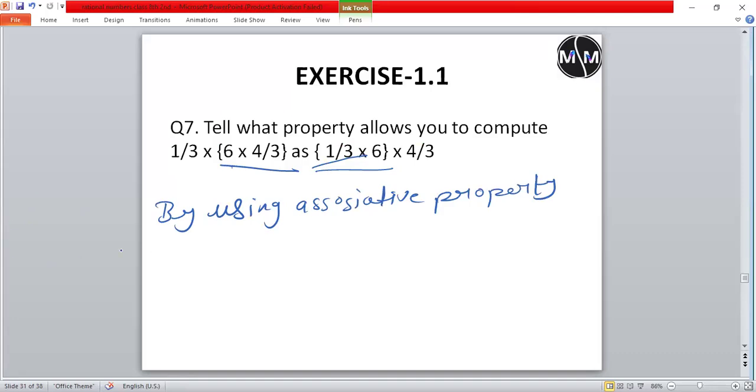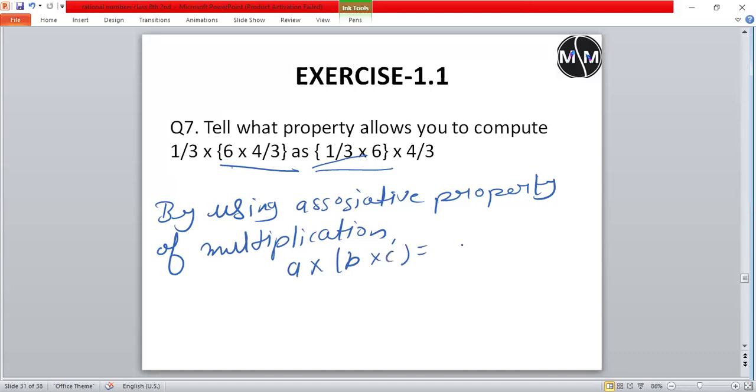Using the associative property of multiplication: A multiplied by B multiplied by C is equal to A multiplied by B multiplied by C with the brackets moved.